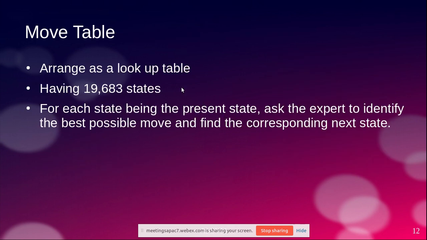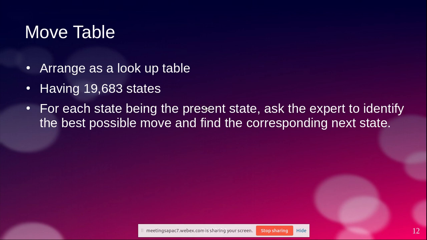So arrange this lookup table. You will have 19,683 states, and for each state being the present state, ask the expert to identify the best possible move and find the corresponding next state. Try imagining that you are that expert. No problem, I can be the expert.